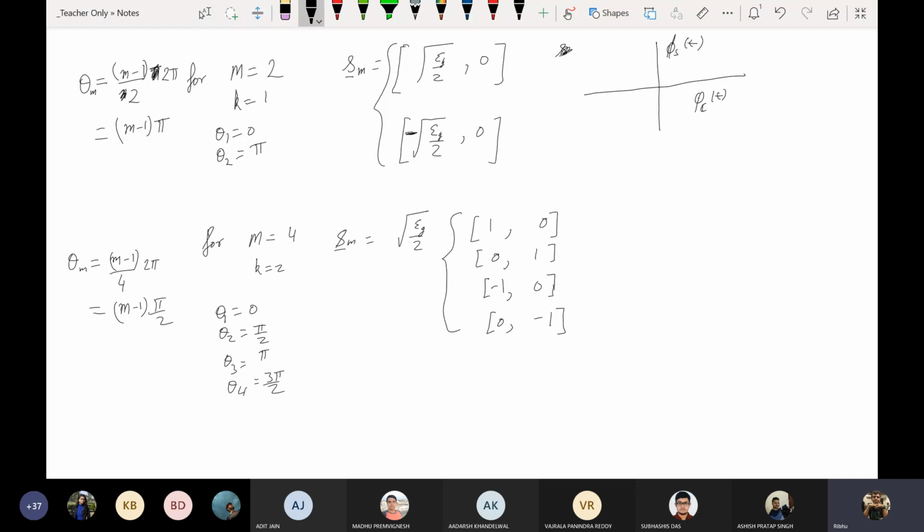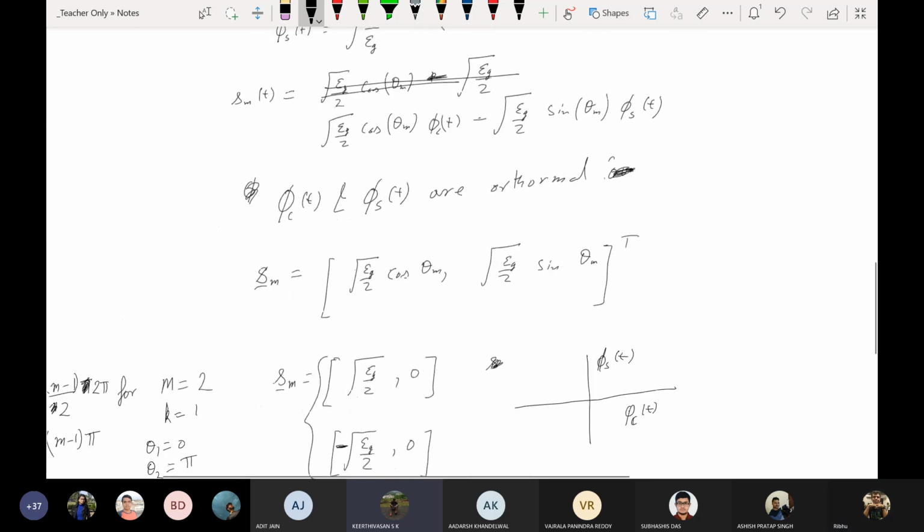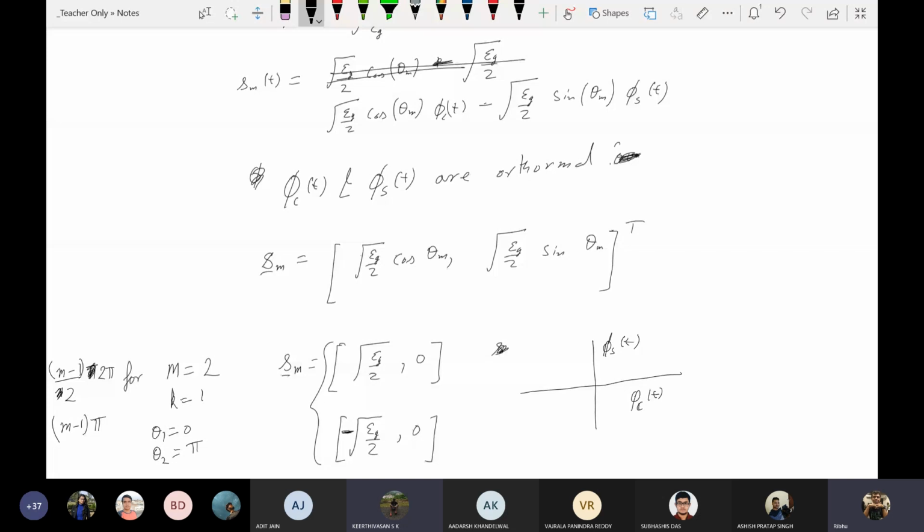Excuse me, sir. φ_c and φ_s we are taking to be root of 2 by E_g; is there any reason, or are we assuming it and proceeding? So the functions φ_c(t) and φ_s(t): this root over E_g by 2 is just to make them have unit power.